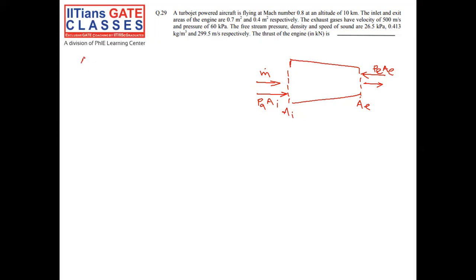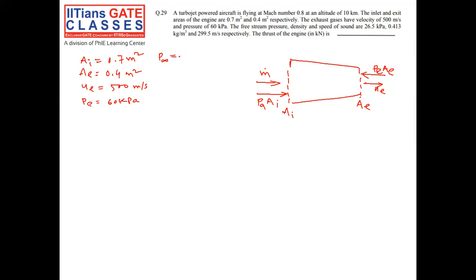Now the given information in the question are: inlet area is 0.7 meters square, exit area is 0.4 meters square, exhaust velocity is 500 meter per second. Exhaust pressure is 60 kilopascal.